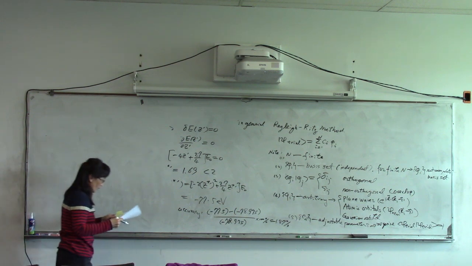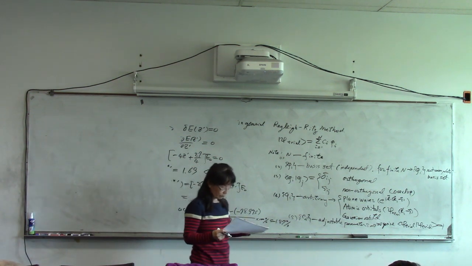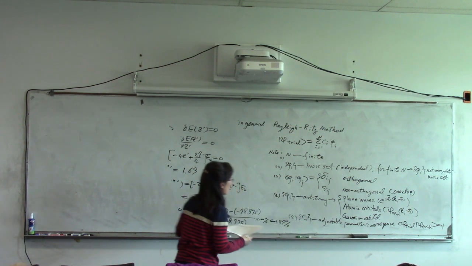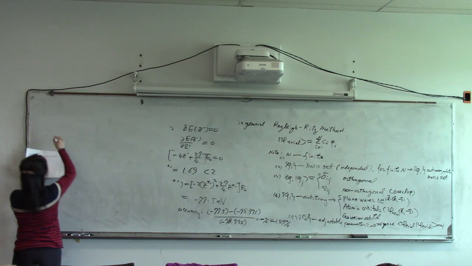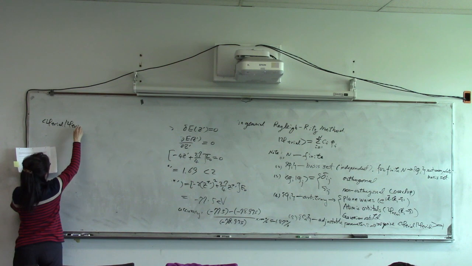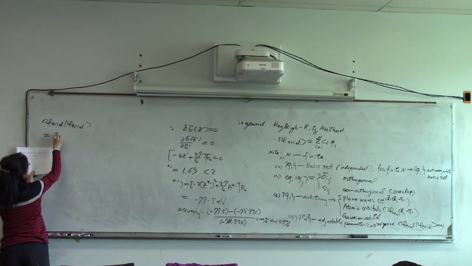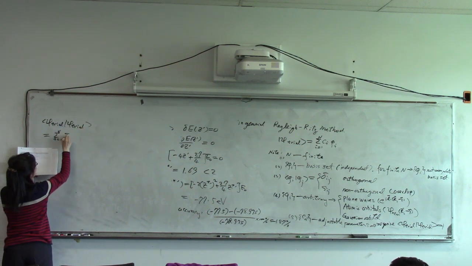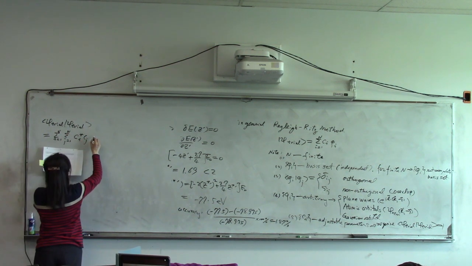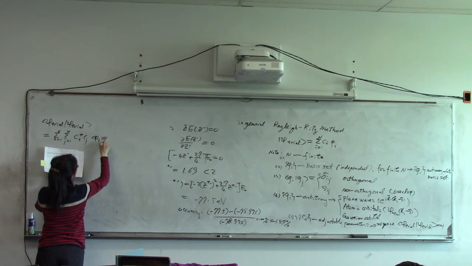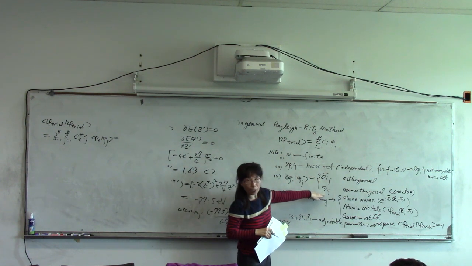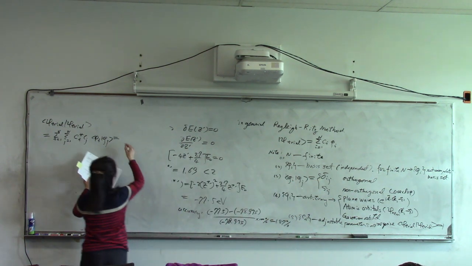So normalized means the trial function will have this: summation i from 1 to n, summation j from 1 to n, ci star cj, and then this one is the integral ij. Now since this is either orthogonal or non-orthogonal, there are two results.